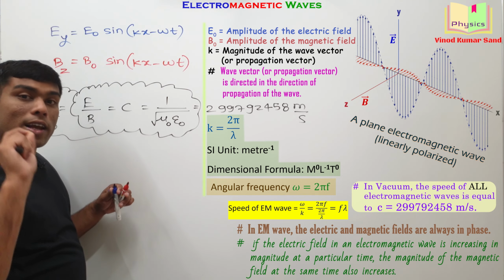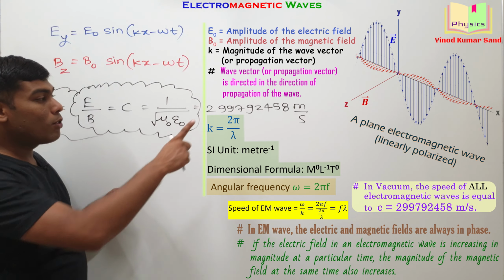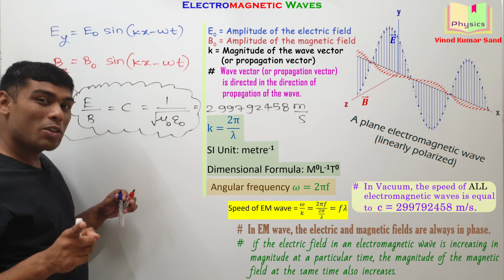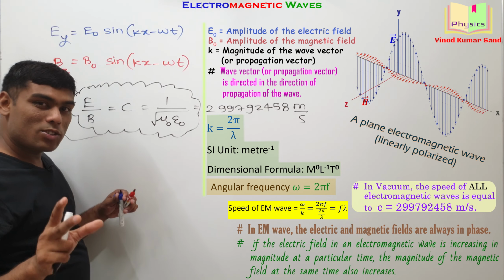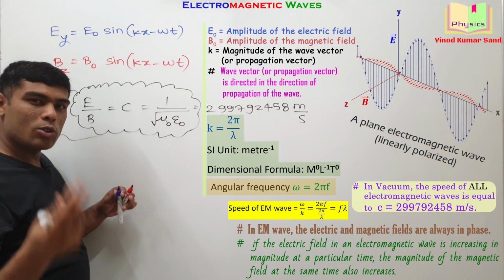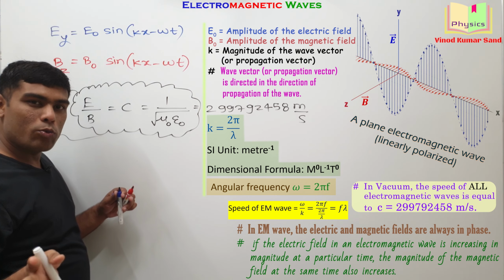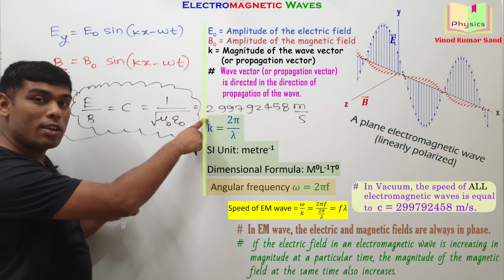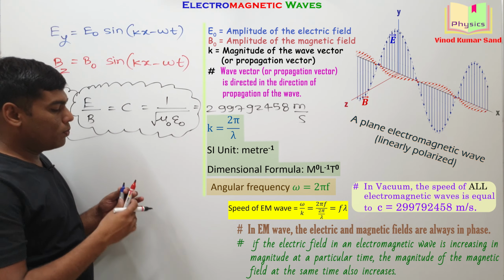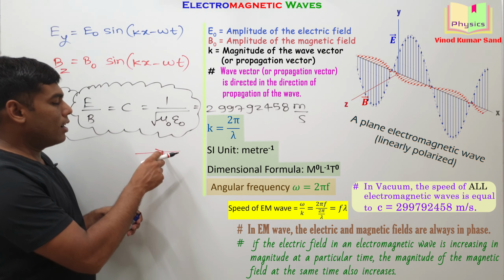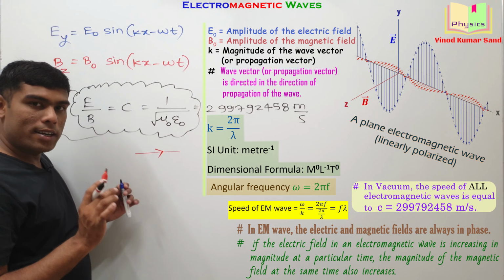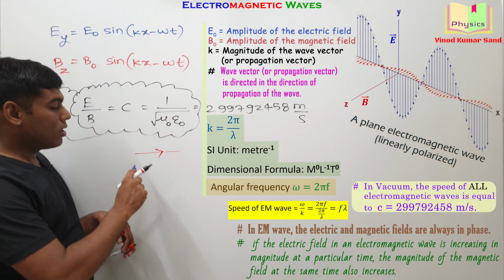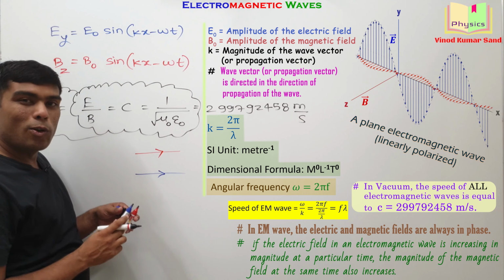Now, all electromagnetic waves will travel with the same speed in vacuum. Whether you take X-ray, gamma ray, light, or microwave, they all will be traveling with the same speed in vacuum. For example, if I ask you, there is a laser light, red color. There is another laser source, the blue color light.